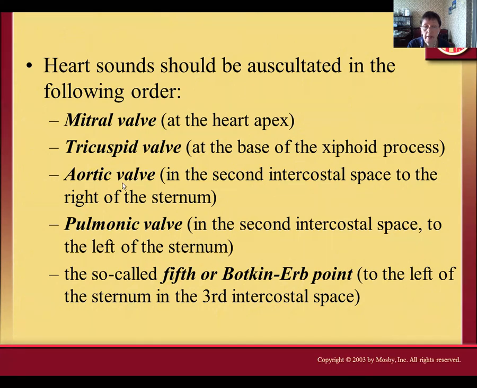The next will be the aortic valve in the second intercostal space to the right of the sternum. And then the pulmonic valve in the second intercostal space to the left of the sternum. And the fifth, the so-called Botkin-Erb point, will be to the left of the sternum in the third intercostal space.